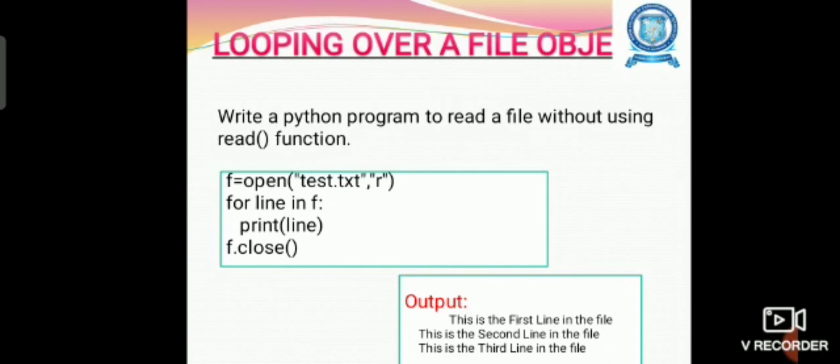Line is the iterating variable. So the first line will be printed by the print statement. During the second iteration, the second line will be taken by the for loop and printed. During the third iteration, the third line will be taken into the iterating variable and printed. So this is the way we can read the lines from the file using the for loop.